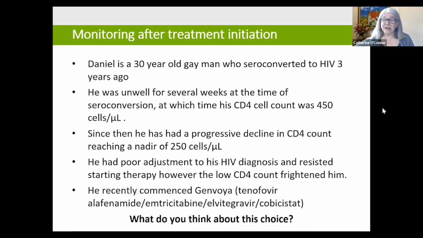Cobicistat and ritonavir both have lots and lots of interactions with prescribed medications, over-the-counter medications, and recreational drugs. So ideal to avoid cobicistat and ritonavir if you can in initial regimens. It's also got elvitegravir, which has significantly less barrier to resistance than both dolutegravir and bictegravir.